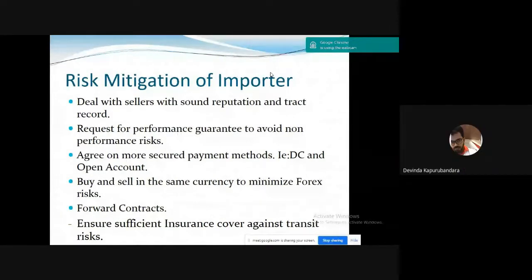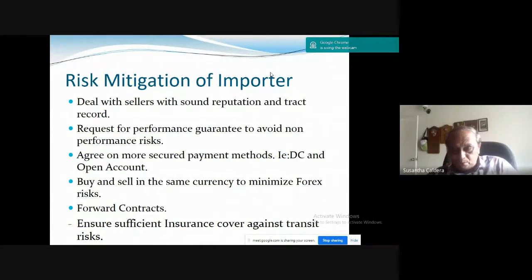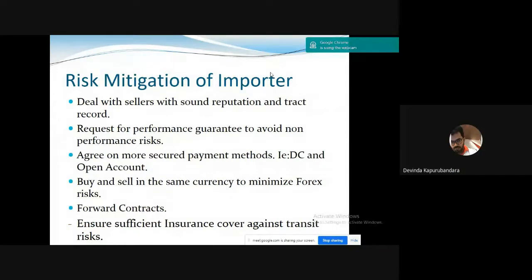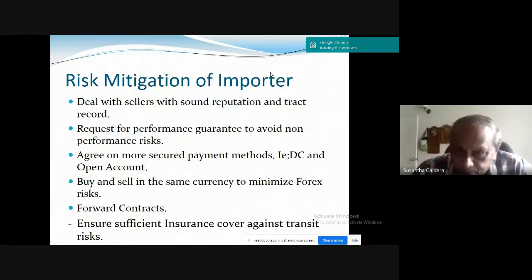Payment method, open account. Yeah, payment on open account. So it's a payment method. Yeah, payment method, open account.